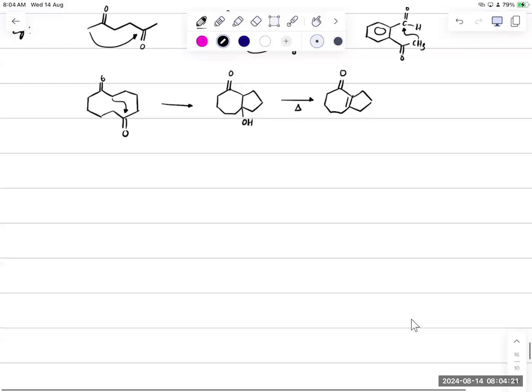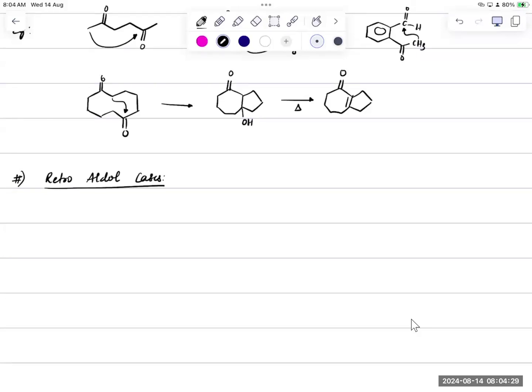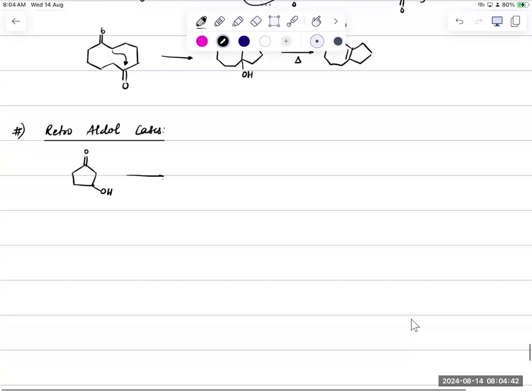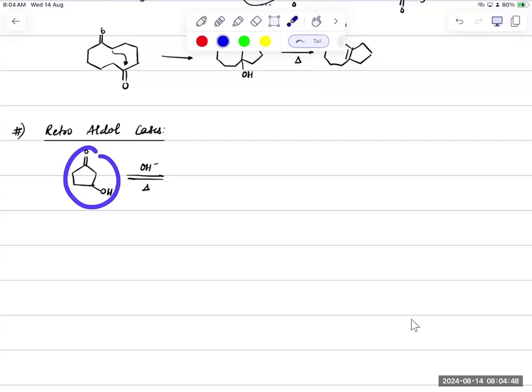Next one is retroaldol cases. Retroaldol is going from one aldehyde towards the other aldehyde. For example, if an aldol is already given like this, and you treat that in the presence of OH minus and heat, you basically open the ring and go towards the other side of it.